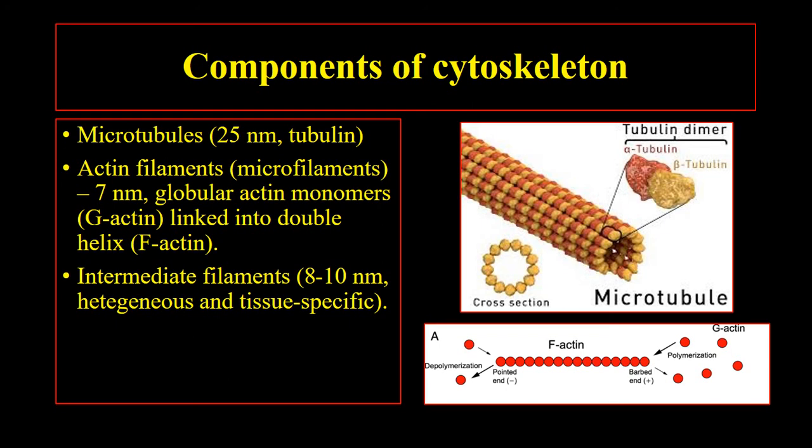And the last type of component of the cytoskeleton is the intermediate filaments. Intermediate filaments are 8 to 10 nanometers in diameter. These filaments are more stable and strongly bound than microfilaments, and are heterogeneous constituents of the cytoskeleton. Intermediate filaments organize the internal three-dimensional structure of the cell, anchoring organelles and serving as structural components of the nuclear lamina.